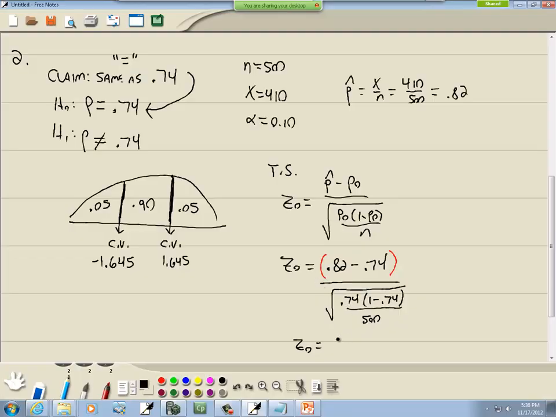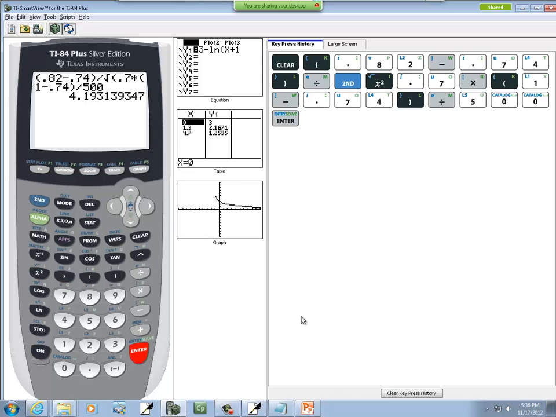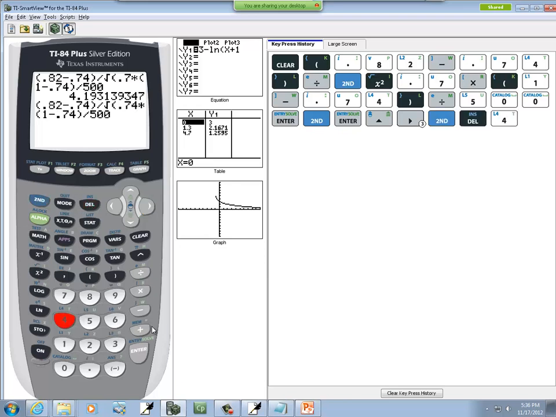Let me double check that. That's no good. I left out the 4 there. Second, enter. It's always good to double check yourself on these. There we go. 0.74 times 1 minus 0.74.